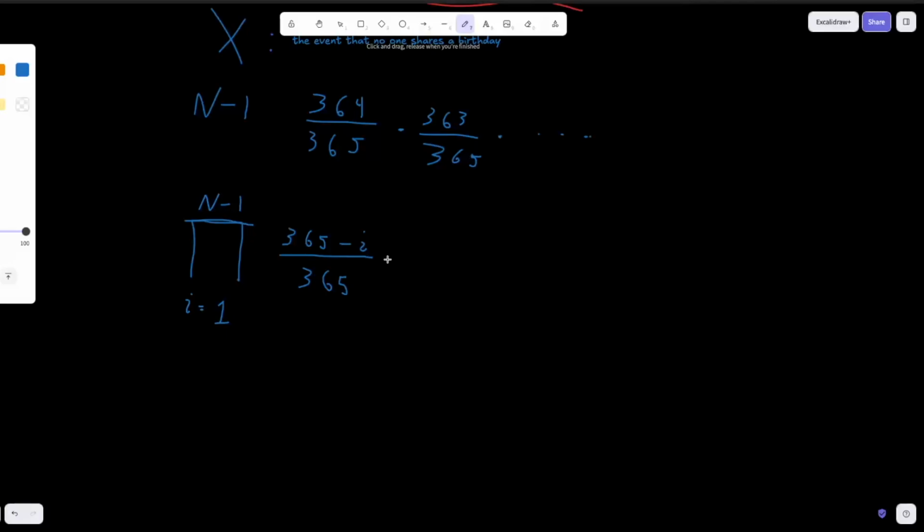So this is actually going to be, and we can start with the denominator because that's going to be easiest, right? We know that this 365 is getting multiplied by itself n minus 1 times. And this up here, well, this is just starting with 364, and then it's multiplied by 363, and it's multiplied by 362.